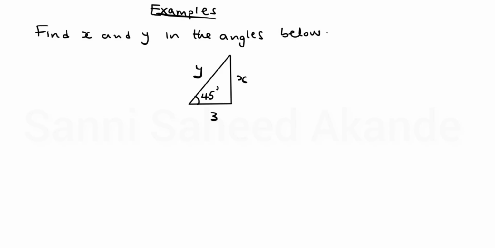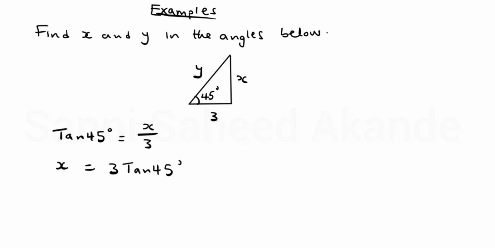If you apply tan 45 to this triangle, tan 45 is opposite over adjacent. So the opposite is x and the adjacent is 3. Now if you cross multiply, you get x equal to 3 tan 45 degrees.